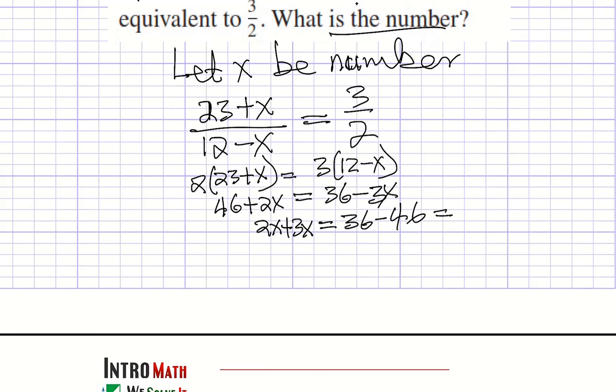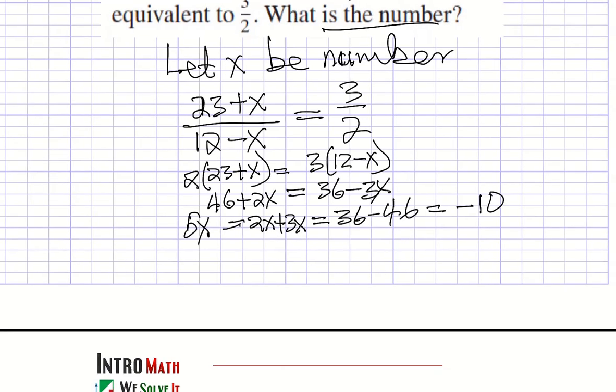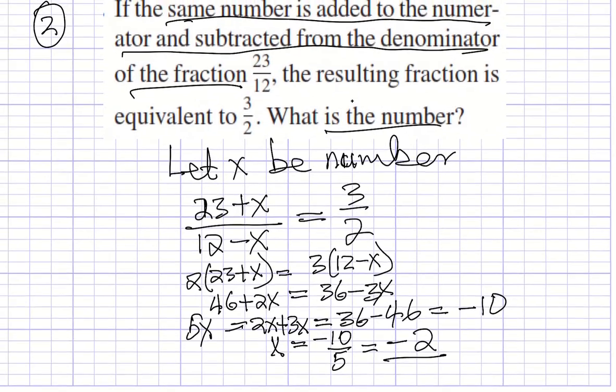You get negative 10. So on the left hand side, what do you get? I'm running out of space, so that's why I'm doing this. You're gonna get 5x. So basically you say x is equals to negative 10 over 5. That's negative 2. Why are we getting a negative number?